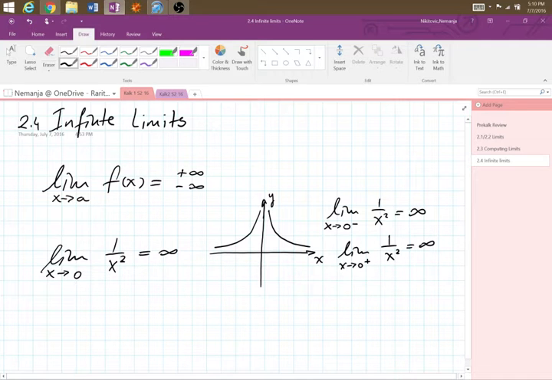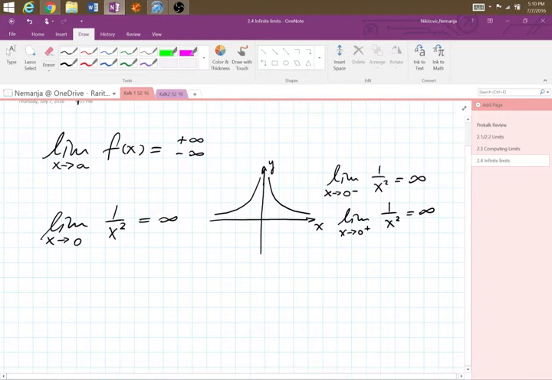Since they're both positive infinity, by the theorem that we covered yesterday, the left limit and the right limit have the same value. The overall limit is that value, which is positive infinity. So it's, I think, straightforward to understand what we are doing.